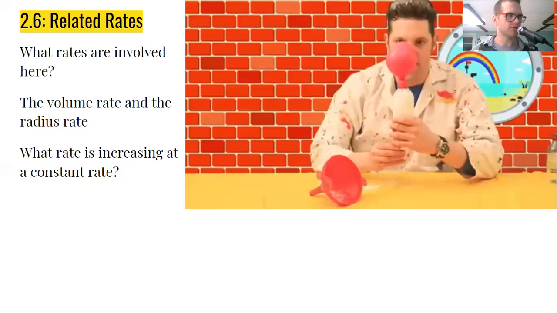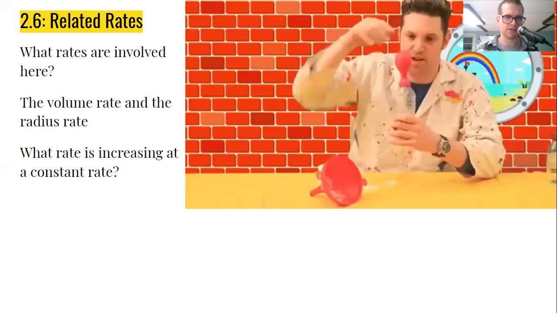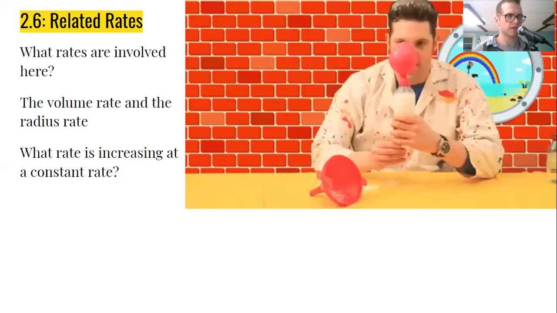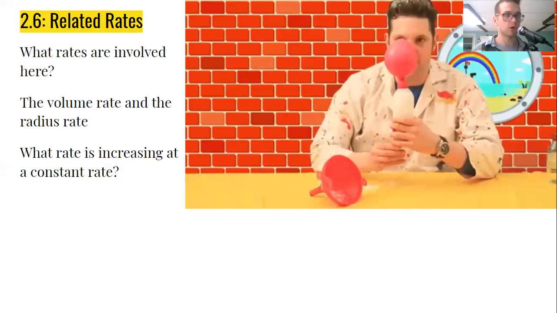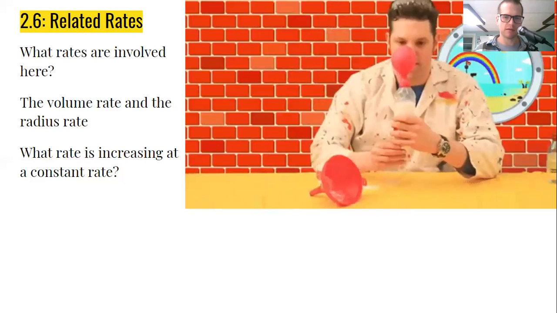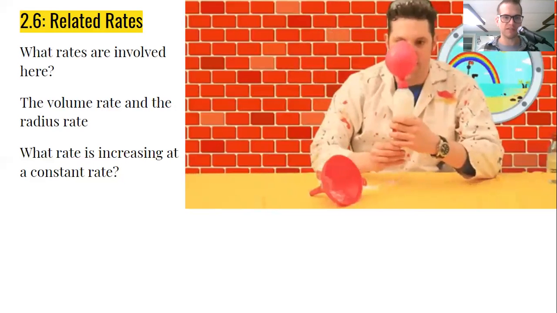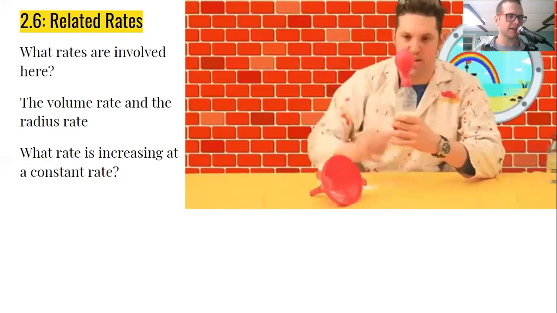But what if the volume was growing at a constant rate? Would the rate the radius changes increase as time goes on or decrease as time goes on if the volume is increasing at a constant rate?